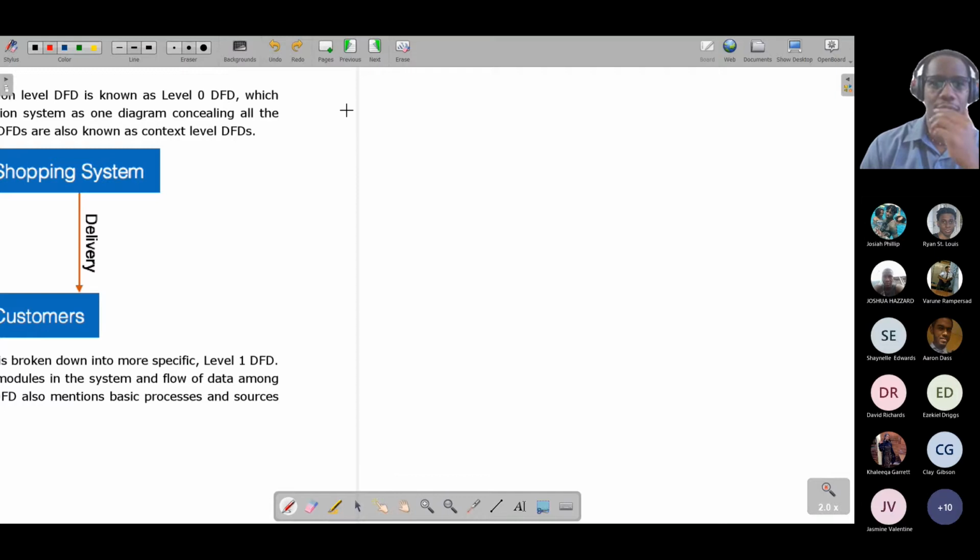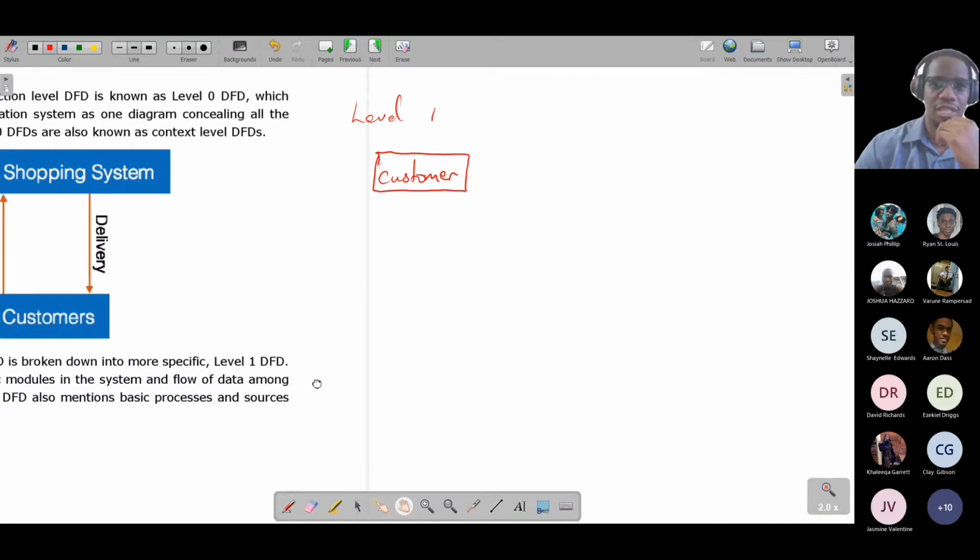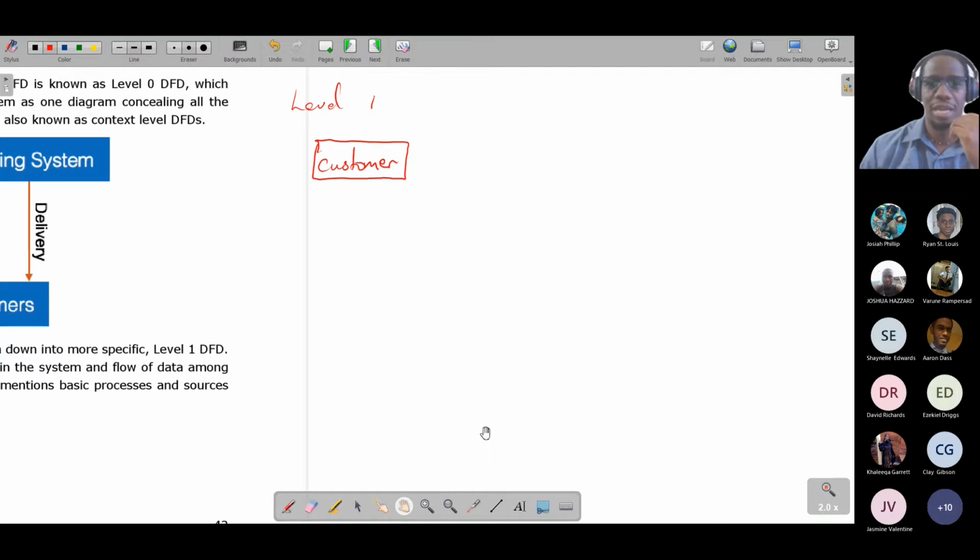So now this is going to be our level 1 diagram, where we have our customer, and the customer really and truly just puts their order information into the system. Okay? So what happens now when their order info goes into the system?